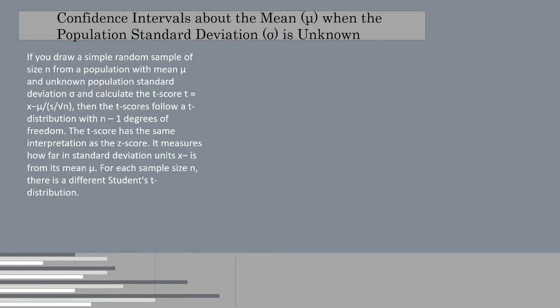And for the second one, the confidence interval about the mean mu when the population standard deviation sigma is unknown. If you draw a simple random sample of size n from a population with mean mu and unknown population standard deviation sigma and calculate the t-score, then t is equivalent to x bar minus mu over s over square root of n.